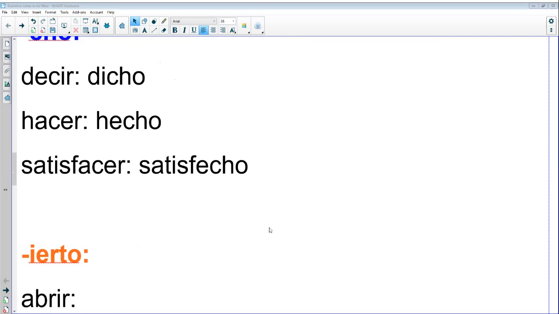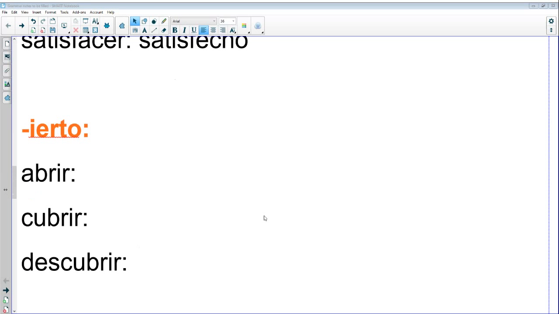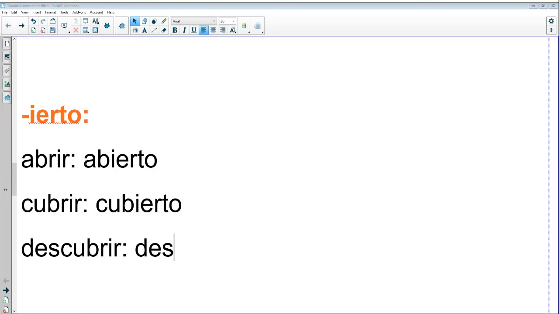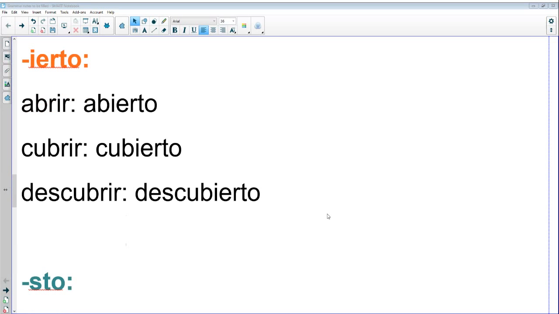After our chos, we have our irtos. The three verbs that fall into this category are abrir, cubrir, and descubrir. Abrir's irregular past participle is abierto. Cubrir is cubierto, and descubrir is descubierto.